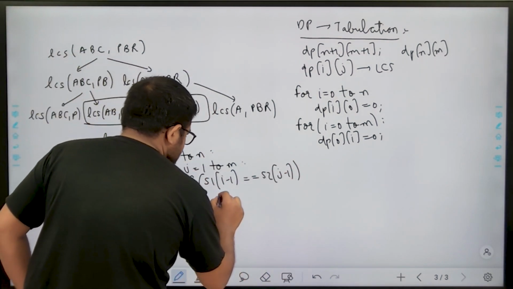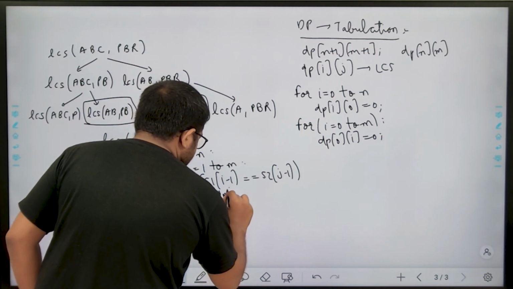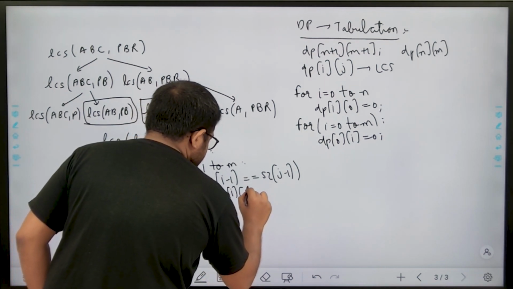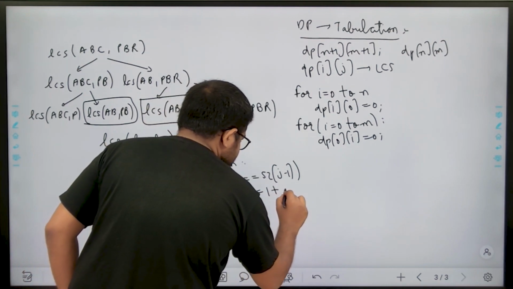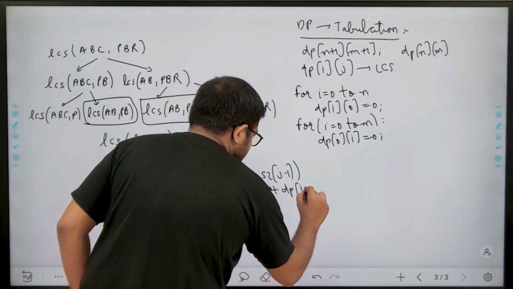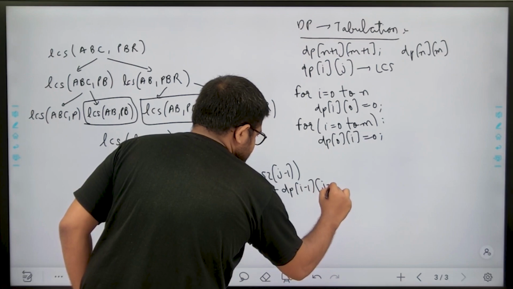So dp of i j would be 1 plus dp of i minus 1, j minus 1.